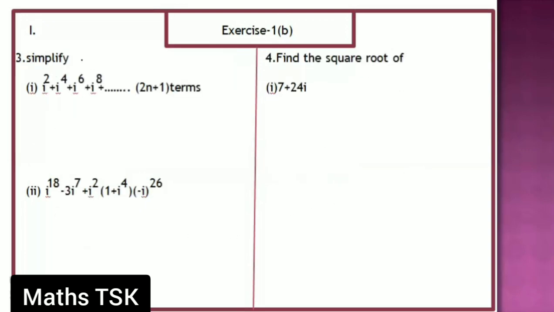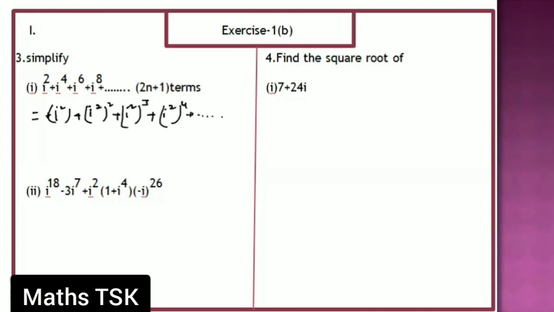Right. Now, simplify the following. Third problem, simplify the following. I can write i square as minus 1. I power 4, this can be written as, first of all, I must make it clear to you. This is i square. This is i square whole square. This is i square whole cube. And the next one is i square whole to the power of 4.